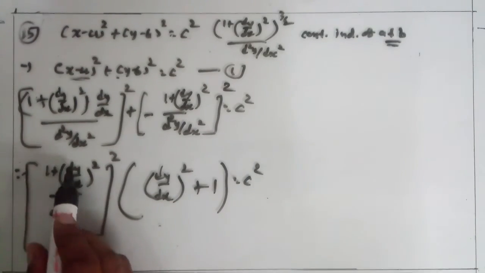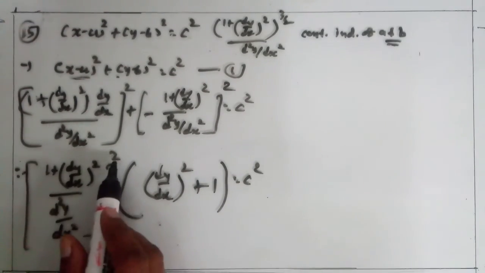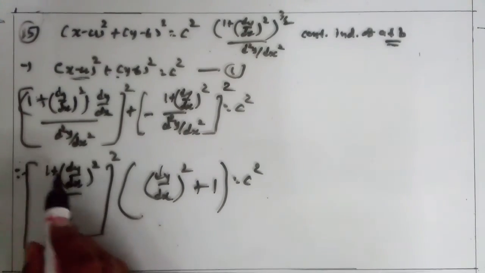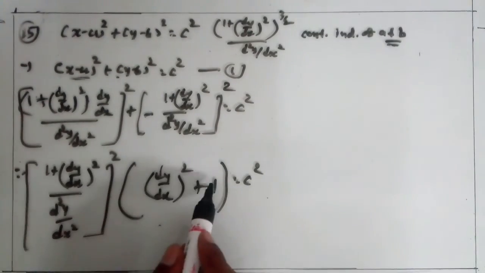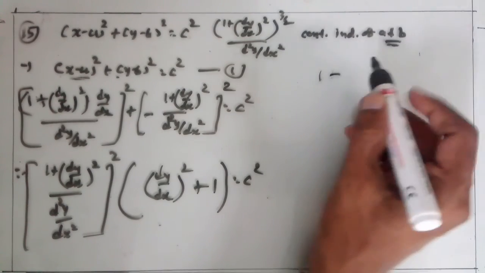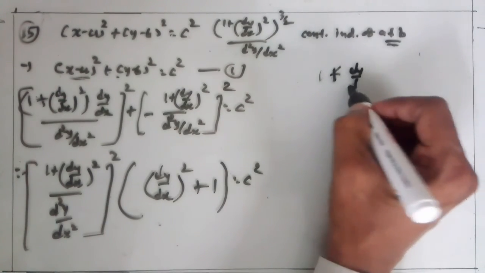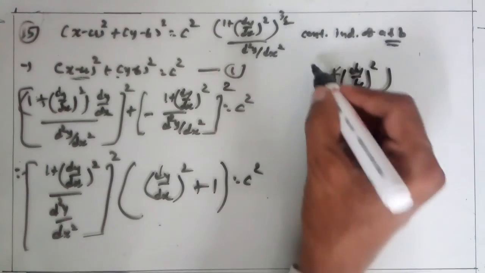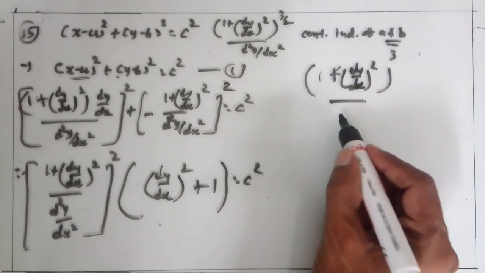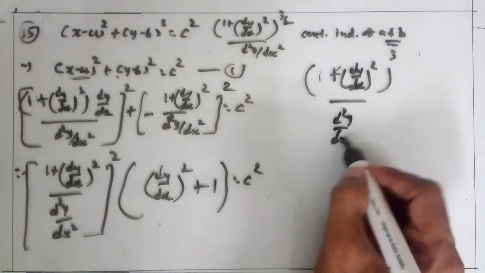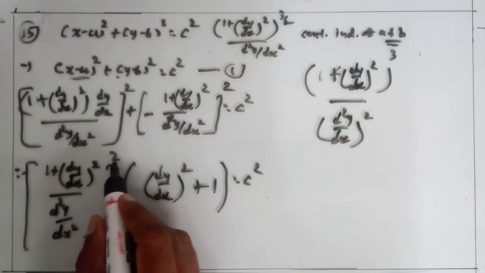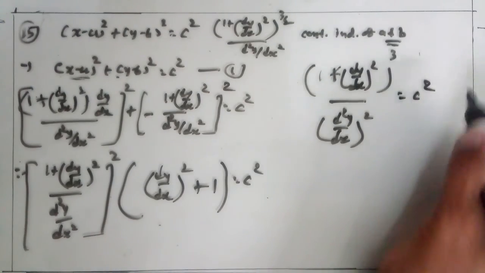Here 1 + (dy/dx)² raised to 2, here 1 + (dy/dx)², where the power of this term is 2 and the power of this term is 1. So this becomes [1 + (dy/dx)²]³ upon (d²y/dx²)², which is equal to c².